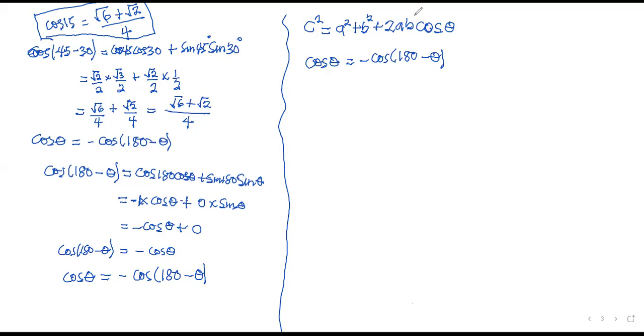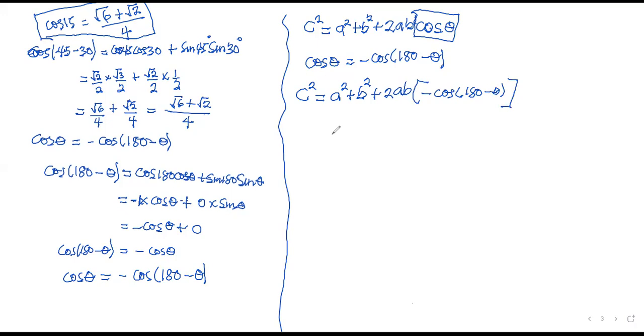So in place of this, let's substitute, making c squared equal to a squared plus b squared plus 2 times a times b times, now cos theta is this, so minus cos of 180 minus theta.